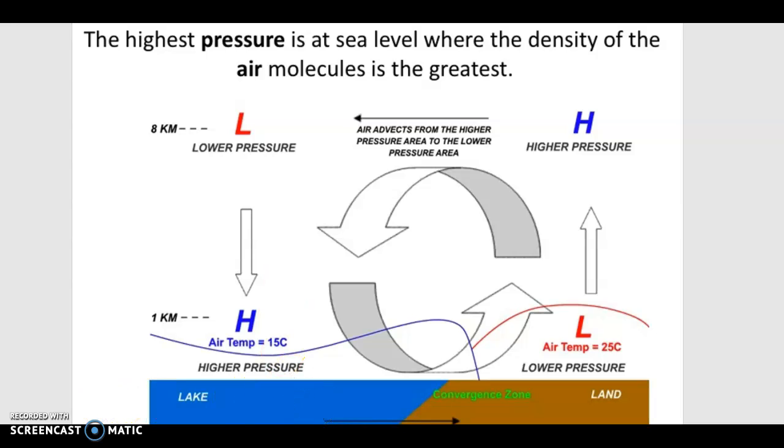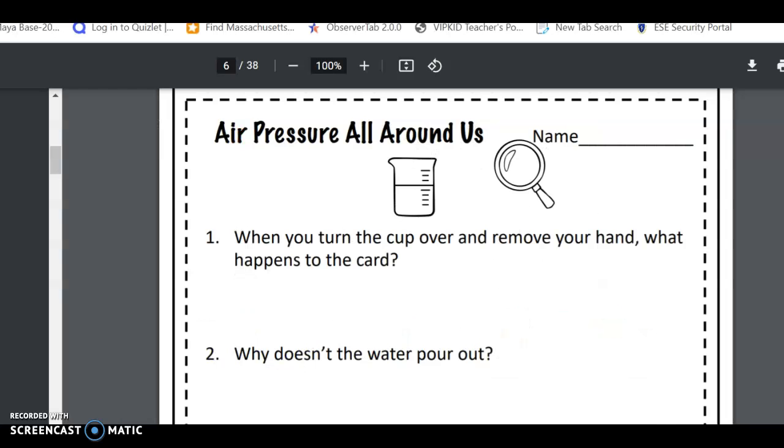All right, I want you to keep these notes with you. The next thing you're going to be doing is watching some videos on some experiments we're going to be doing in class this week, and there are several other papers that you're going to need for that. So if you are watching the online version of the Air Pressure Labs at home, you're going to need the sheet. Lab number 1 is called Air Pressure All Around Us.